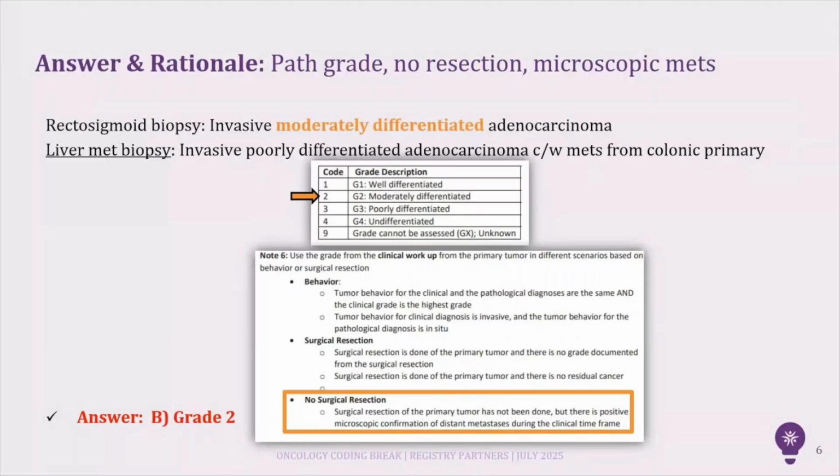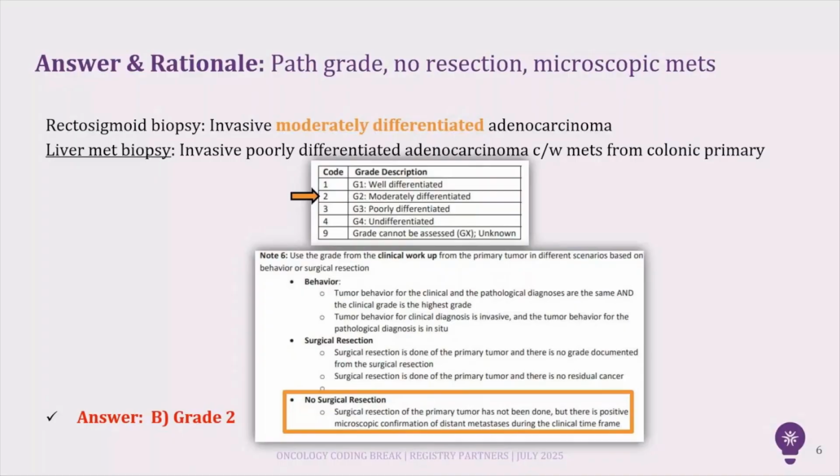We have no surgical resection, and we have positive mets in the liver. So we are going to use the biopsy of the colon, which was moderately differentiated, as our grade in both clinical and pathological grade fields. If you go to the colon grading table, you'll see that moderately differentiated is grade 2. So we're going to do grade 2.